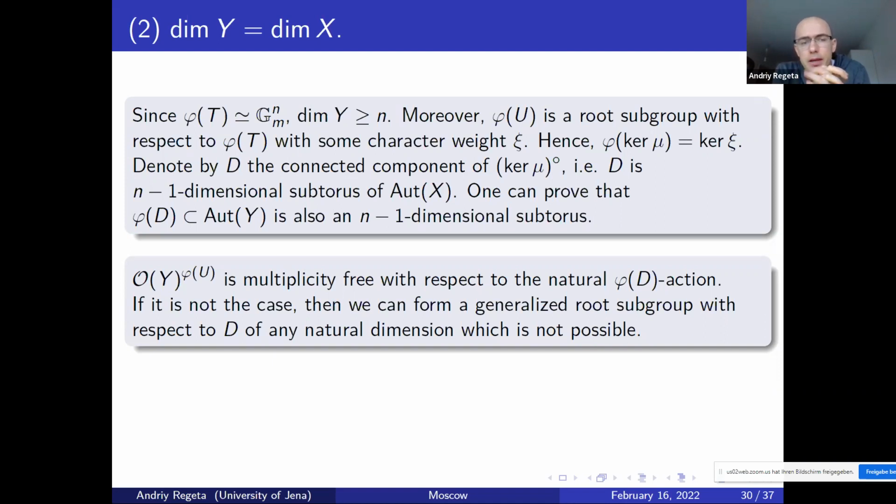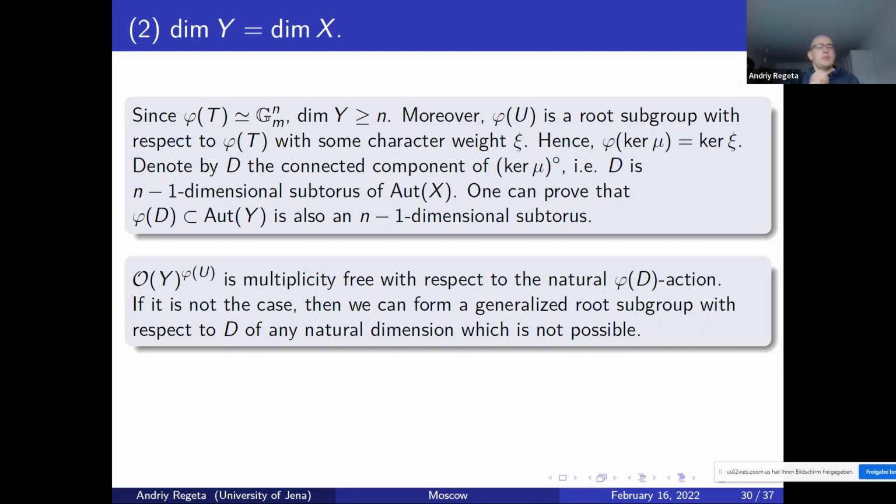So we claim now that this ring of invariants is multiplicity free with respect to the natural phi of d action. If it's not the case, then we can form a generalized root subgroup with respect to d inside of our x of any natural dimension.